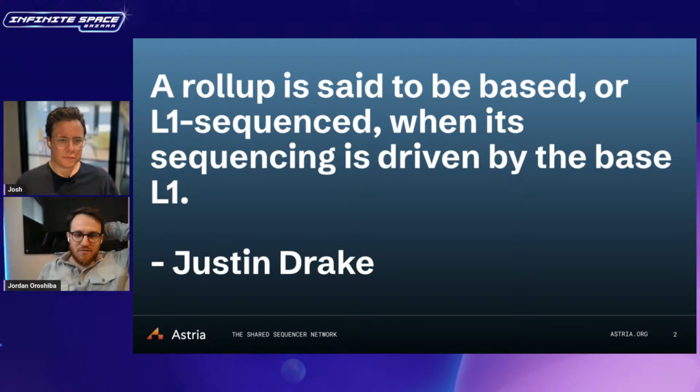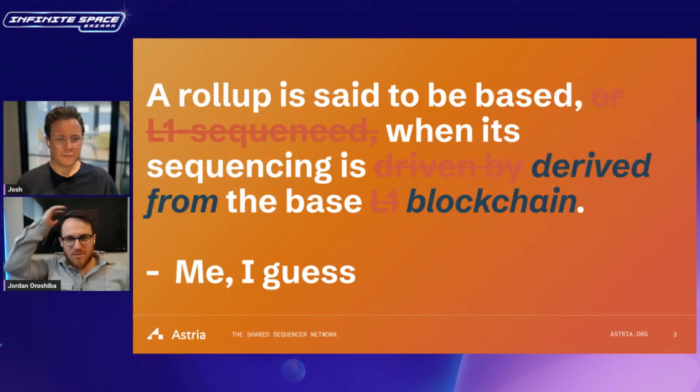I'm not a huge fan of the L1, L2, L3 terminology myself. I'm a bit of a modular maxi, and I come from a microservices background. So I think that what we can actually say here is that a rollup is said to be based when its sequencing is derived from the base blockchain.